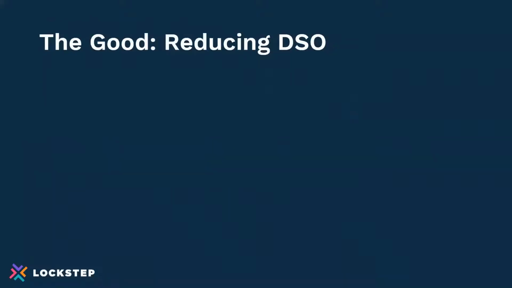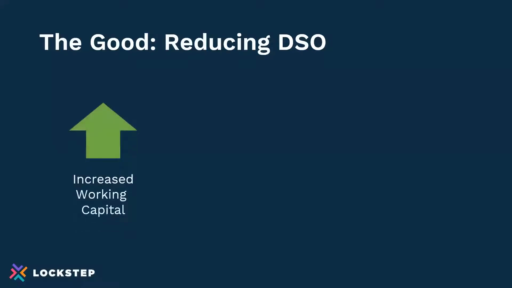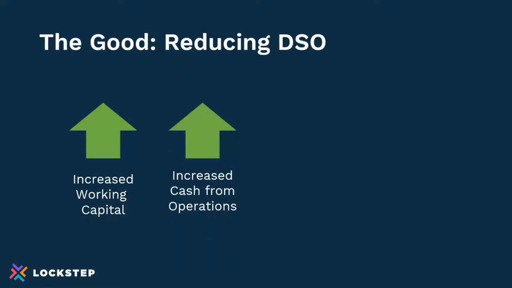This series was looking at reducing DSO because of its cornerstone role in understanding the efficiency and liquidity of your financial operations. By reducing DSO, you basically increase your bank balance, which means you have more working capital to invest in the business. That working capital can also increase the cash from your operations by reducing interest expense or increasing your interest income.